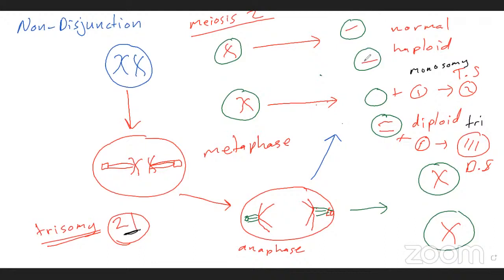One. And if a cell with 2 chromosomes fuses with a haploid cell, how many would be in the new cell? 3. So trisomy goes up by 1, and monosomy, when it is empty and fuses with a haploid one, decreases by 1.